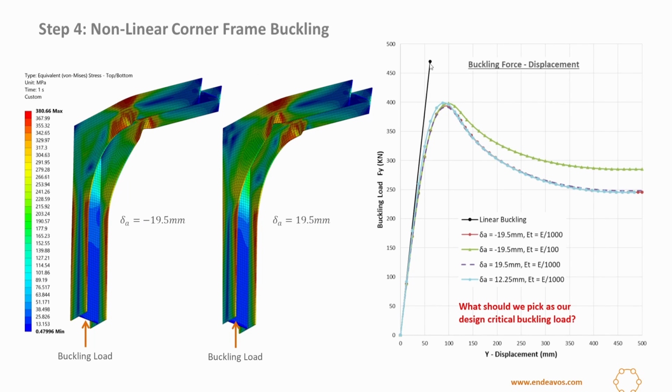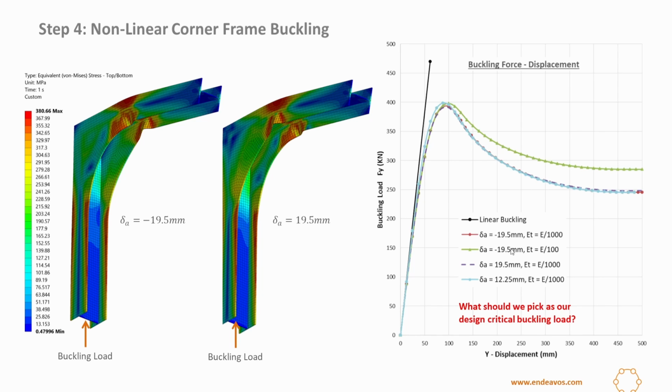This is based on linear eigenvalue buckling analysis. In the case of nonlinear buckling analysis, these two cases match very well. You can see the red curve, which is minus 19.5 millimeters, and the purple dashed curve, which is 19.5 millimeters positive. They match really well.